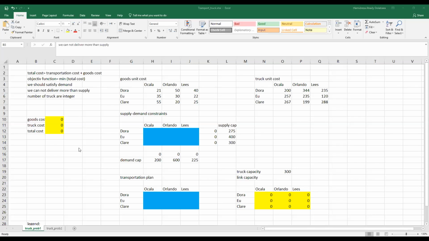We should for sure satisfy our demand. Again, I said in some complex problems, if you don't satisfy it, you get some penalty. But for the sake of today, we assume that we should satisfy demand. And it's not logical, or we cannot deliver more than what we supply.